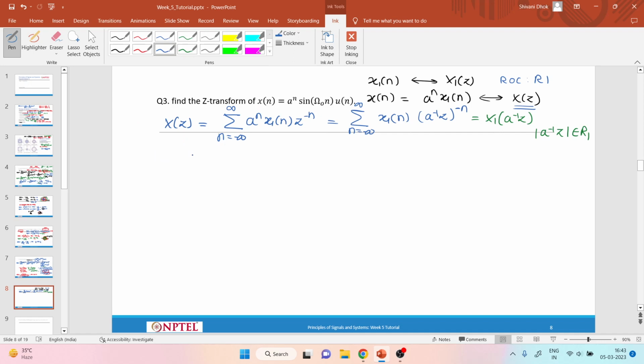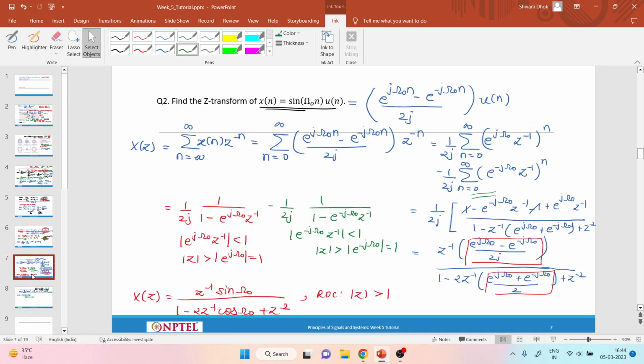So now here my x of n is given as a power n sine of omega naught n into u of n, and this part is x1 of n, and the z transform of this we had found in the previous question, which is obtained something like this.